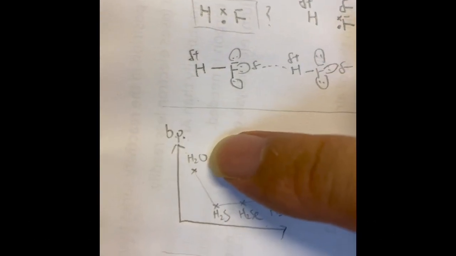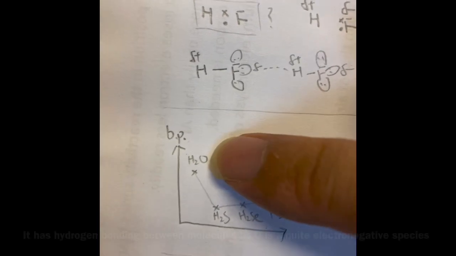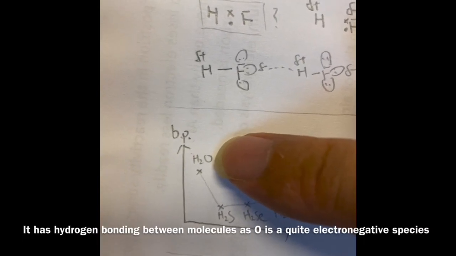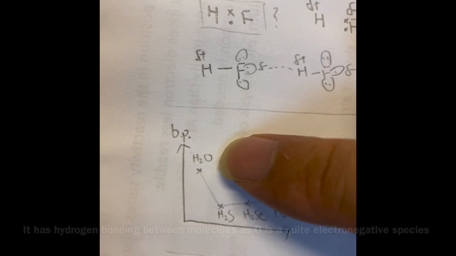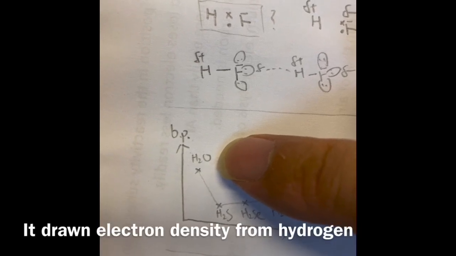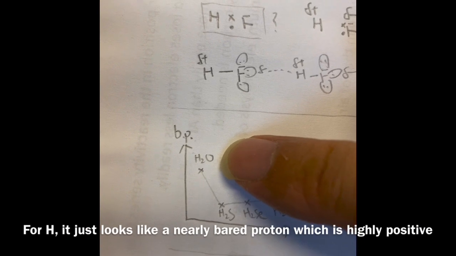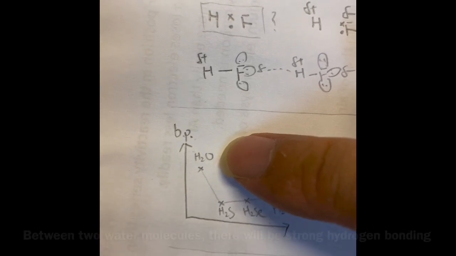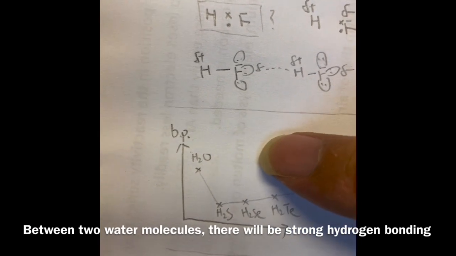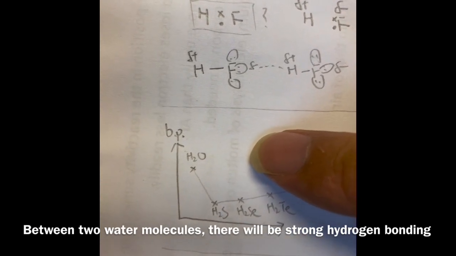And what's special about H2O? There is hydrogen bonding between molecules because O is a quite electronegative species and it draws electron density from hydrogen. Hydrogen then looks like a bare proton, which is highly positive, so between these two water molecules there will be strong hydrogen bonding.